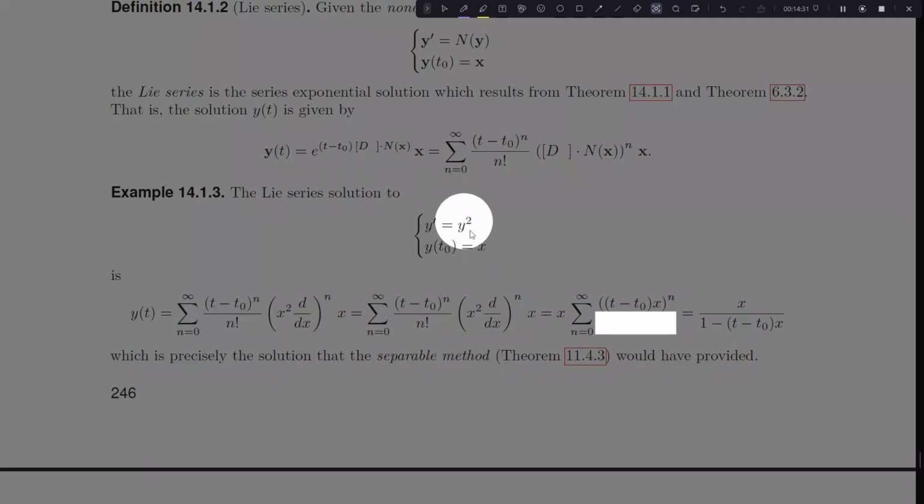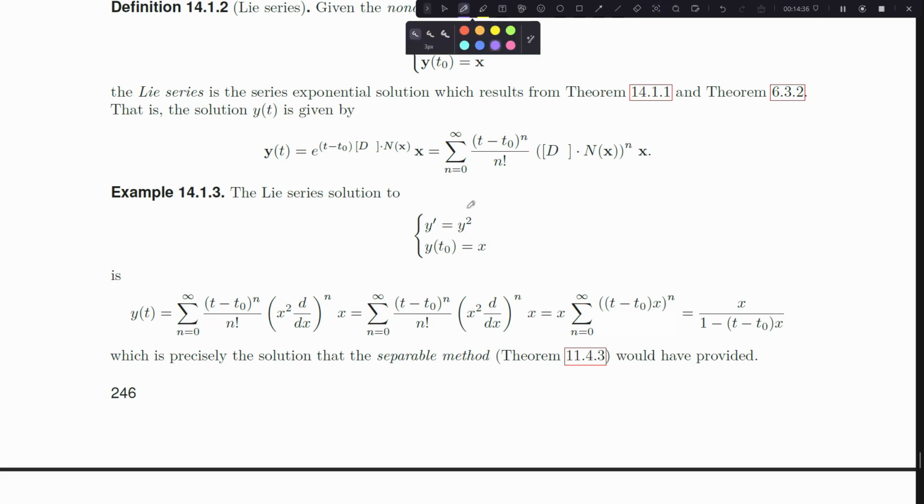We're going to compute the Lie series solution to this one-dimensional IVP, and I know everybody already knows the solution to this IVP. But if we take the Lie series approach, we say, okay, our equivalent Cauchy problem is partial t on phi equals, that's a square, right?